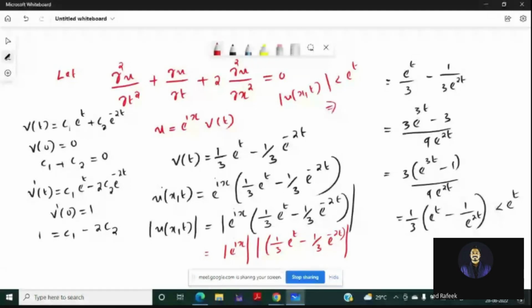And moreover, it is an oscillatory solution only because e raised to ix is there, cos x plus i sin x is there. So that is oscillatory nature. What are the options? It is oscillatory, is necessarily unbounded, and satisfies u of x comma t is less than e raised to t.